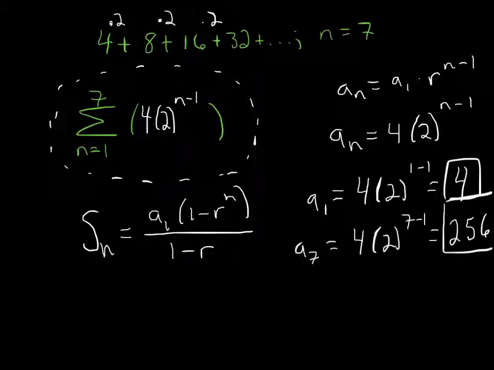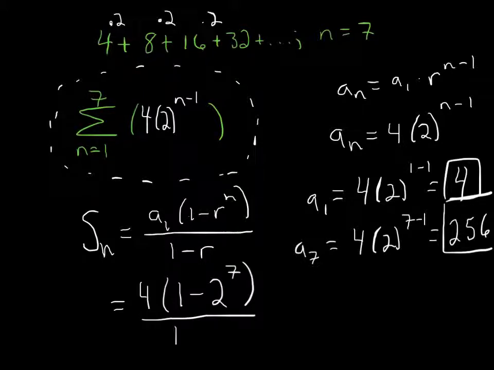And now we want to find the sum of this series. So we use the first term, 4, times 1 minus the common ratio, 2, to the power of n, the upper limit, 7, all over 1 minus r, so that'd be 1 minus 2. Let's do the parentheses first, so 2 to the power of 7, and then 1 minus that.